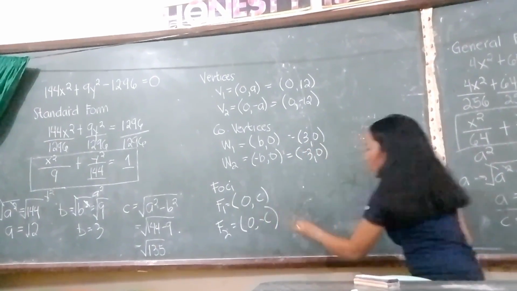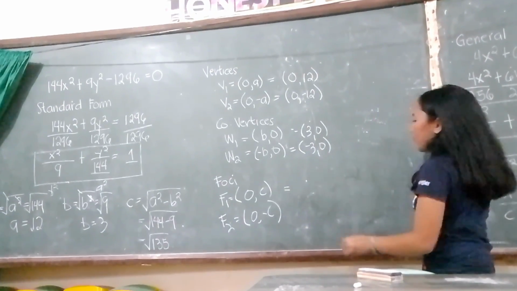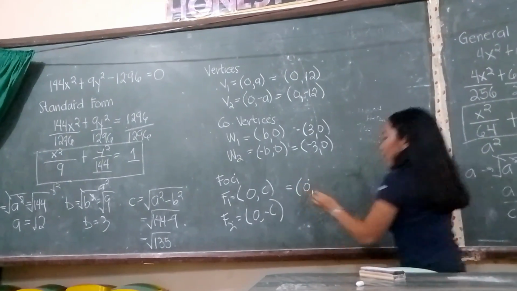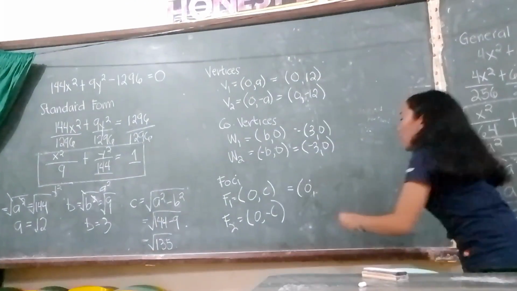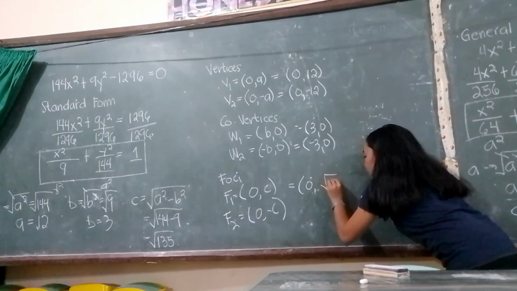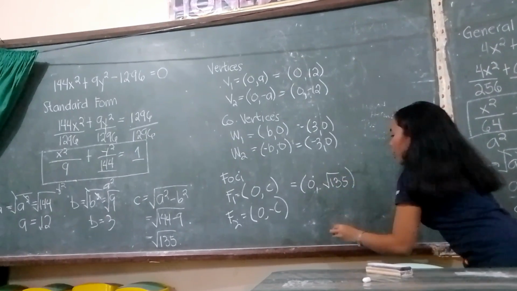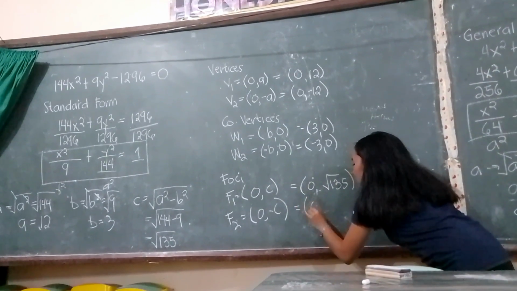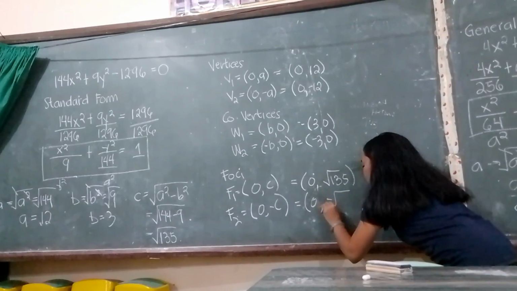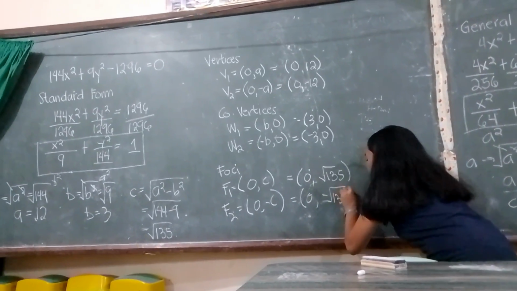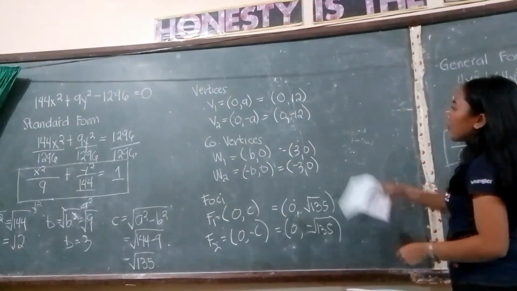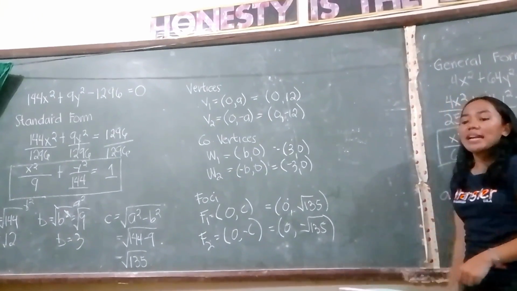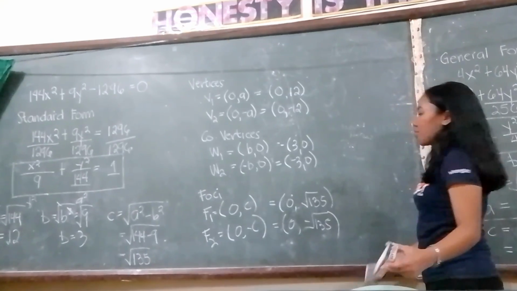So our F sub 1 is 0 and the square root of 135. And for our F sub 2, we have 0 and negative square root of 135. Since we have these coordinates, we can now plot our graph.